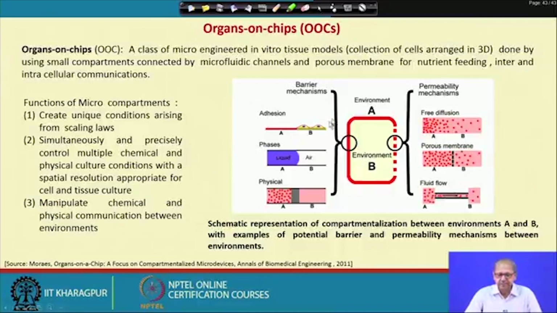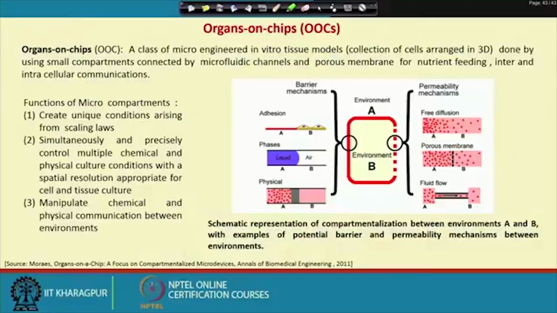And if we look at the barrier mechanisms of the environments, here cells are attached and this is another environment where cells are not attached, means non adhering situations. Maybe different phases like air and liquid, like alveolar sacs where the air and cells interface occurs. Then a physical barrier like the blood brain barrier, where not all molecules will go through. In that way, in an organ different micro environments are created and they are cross talking with each other.